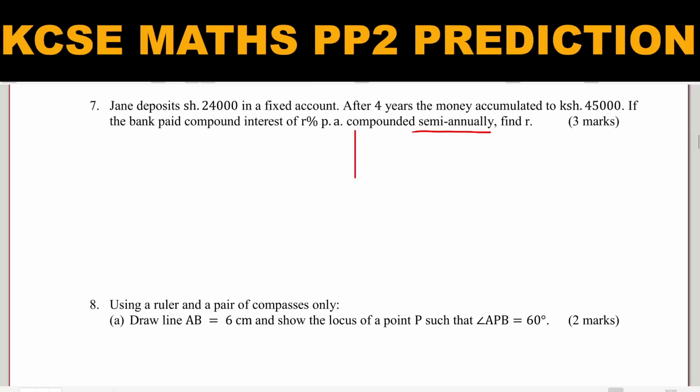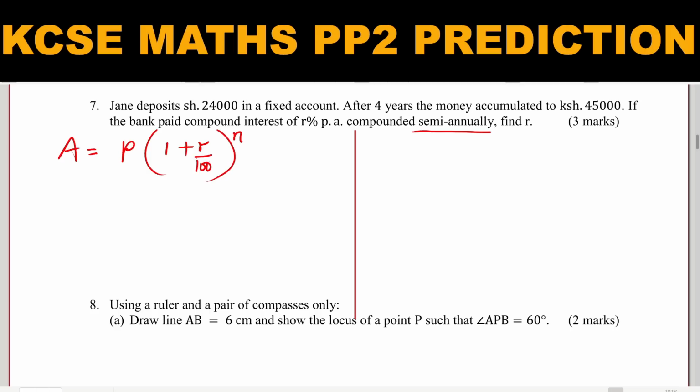So to solve this question, we're going to use the compound interest formula, and this is how it is. The compound interest formula: amount is given by principal, brackets 1 plus r, that is the rate over 100, then raised to power n, where n is the period.